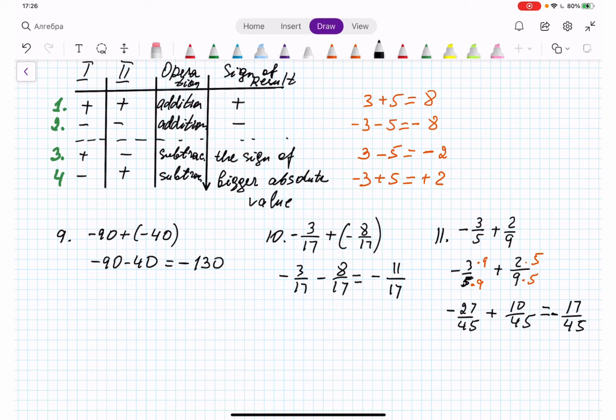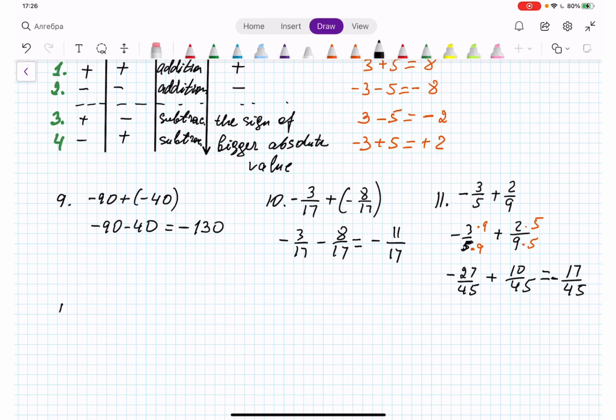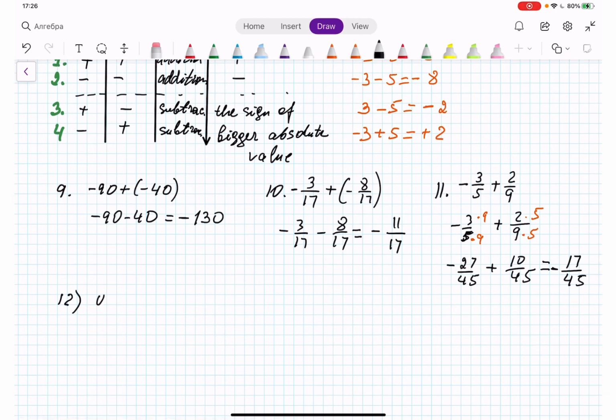Question number 12. 0.8 plus negative 0.7, which means 0.8 minus 0.7. Well, this is nothing even to explain. 0.8 minus 0.7 equals 0.1.